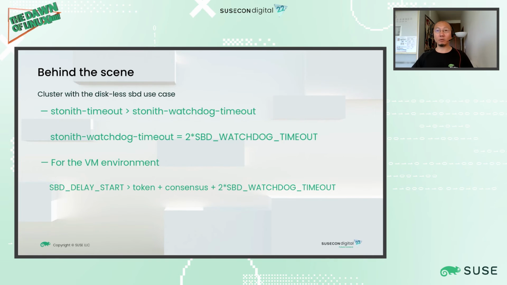Stonith watchdog timeout is usually 2 times the SBD watchdog timeout. If it is a virtualization environment, crm shell bootstrap will make sure SBD delay start is bigger than the corresponding token plus consensus timeout plus 2 times SBD watchdog timeout.